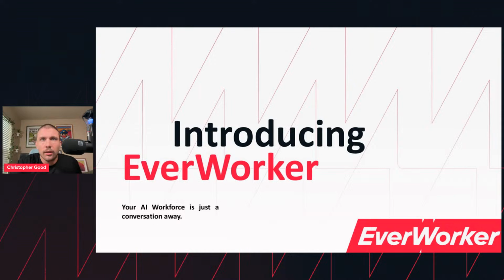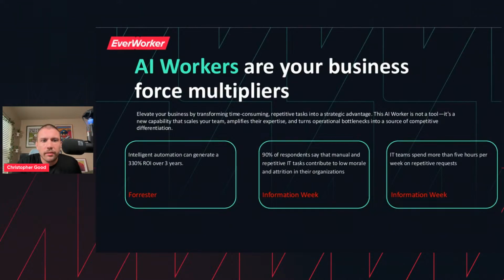And why does this matter? Because AI workers aren't just tools, they're business force multipliers. According to Forrester, intelligent automation can generate 330% ROI over 3 years, but only when it's done right.